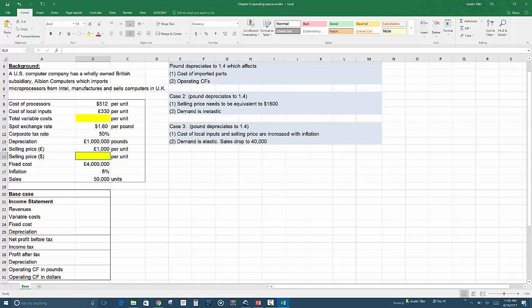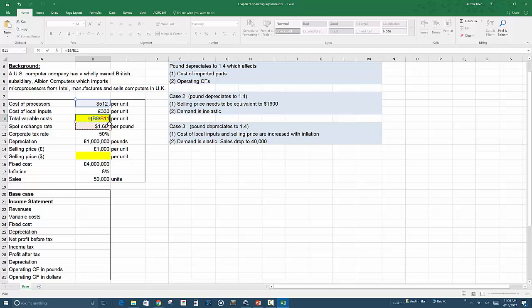So total variable cost equal to, we're going to sum the cost of processor and the cost of local inputs. But the processor is in US dollars, so we need to do a conversion. So we take B8, which is processor price, divided by B11.